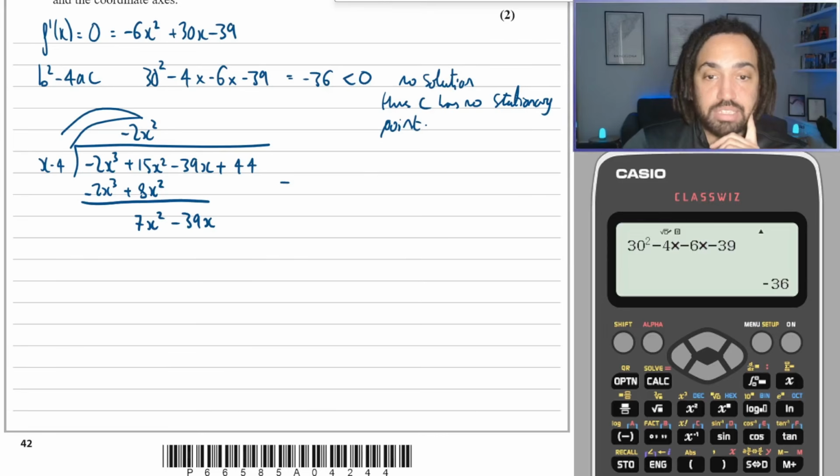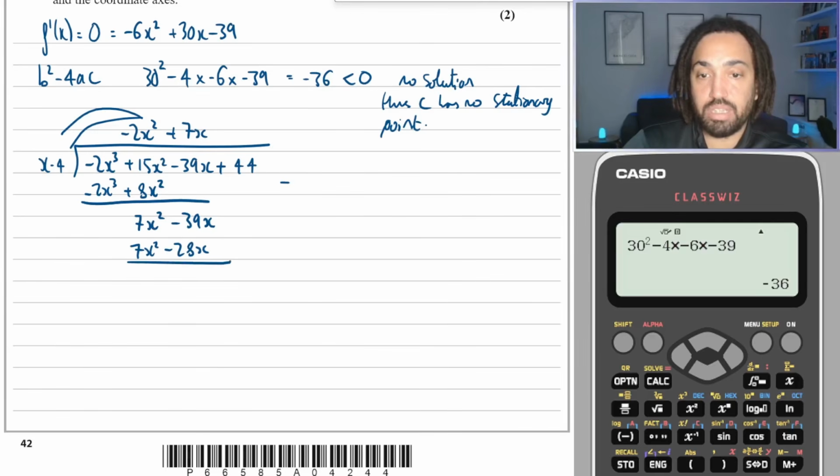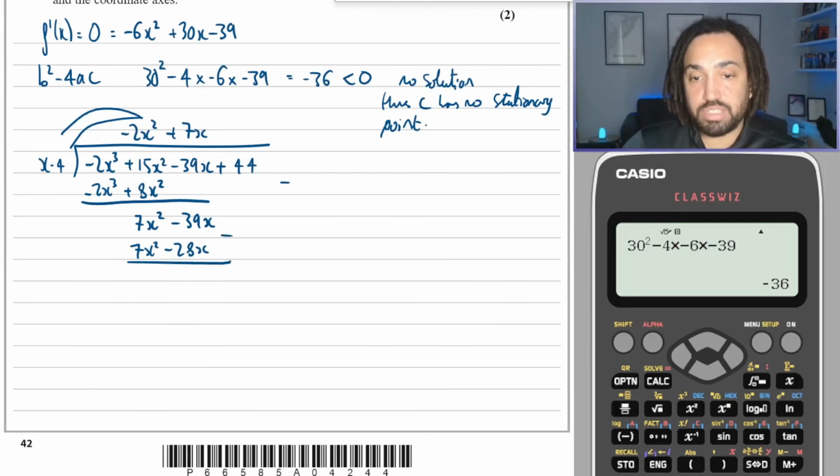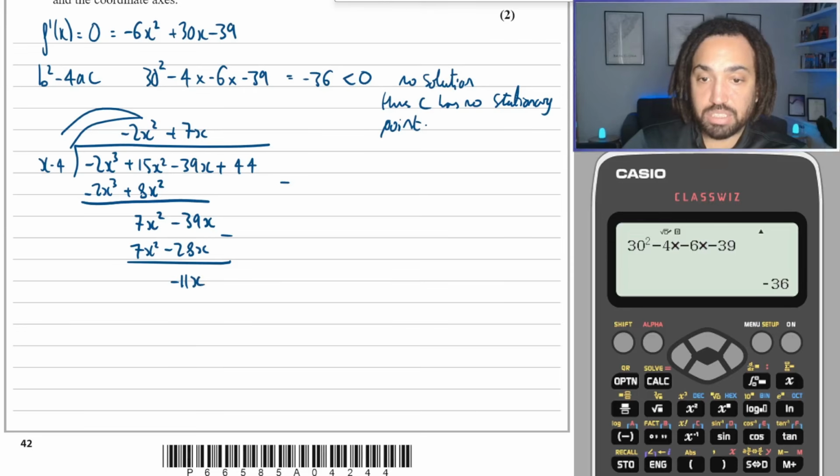Okay, how many x's go into 7x squared? It's 7x. Multiply down. I get 7x squared, and I get 7x times minus 4, which is minus 28x. Subtract minus 39 plus, because there's two minuses there, 28 is going to give me minus 11x. And then bring the 44 down as well.